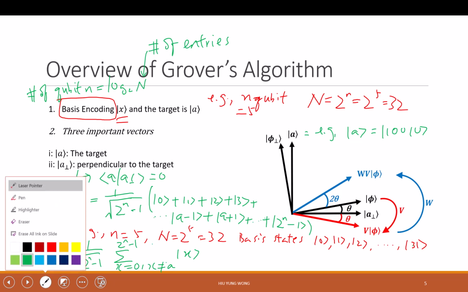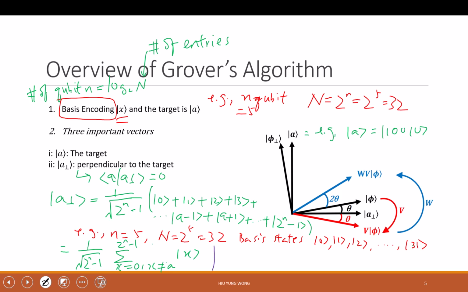So I can also show you that A inner product A perpendicular equals A inner product with 1 over square root 2 to the n minus 1, summation x equal to 0, x not equal to A, to 2 to the power n minus 1, and then x, which equals 1 over square root 2 to the n minus 1. I just take everything out: summation over x not equal to A, A inner product x.